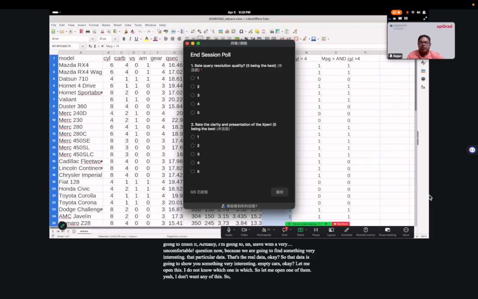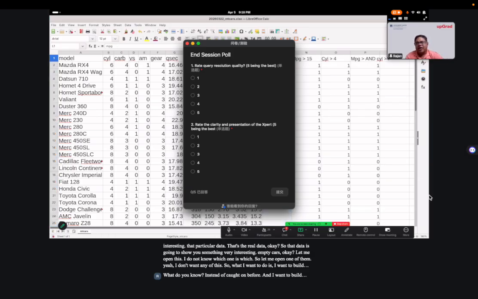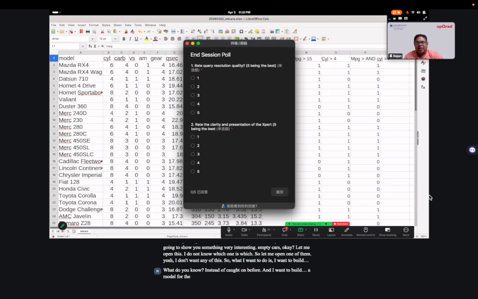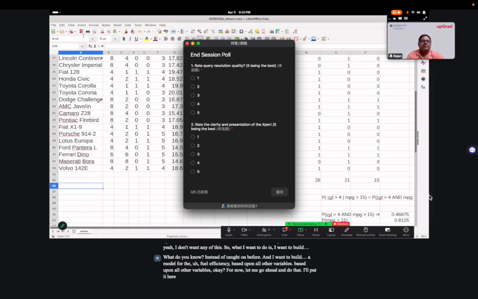So what I want to do is insert a column before. I want to build a model for the fuel efficiency based upon all other variables. Let me put the results somewhere here.